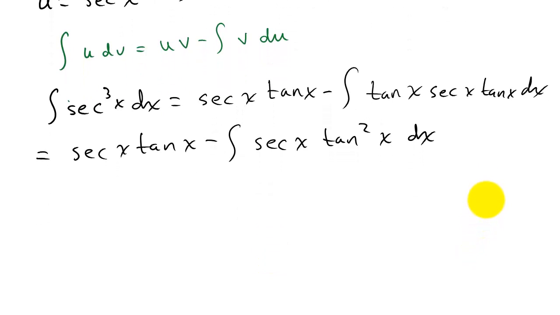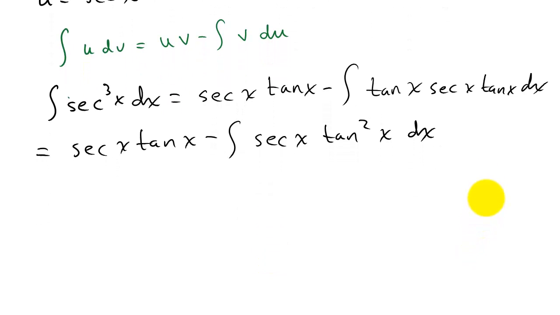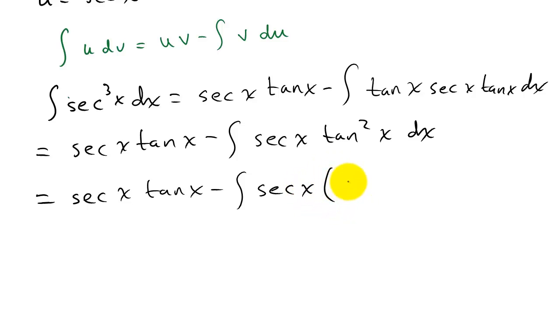Alright, so maybe what we can do is, how about, let's rewrite tangent squared as secant squared x minus 1.